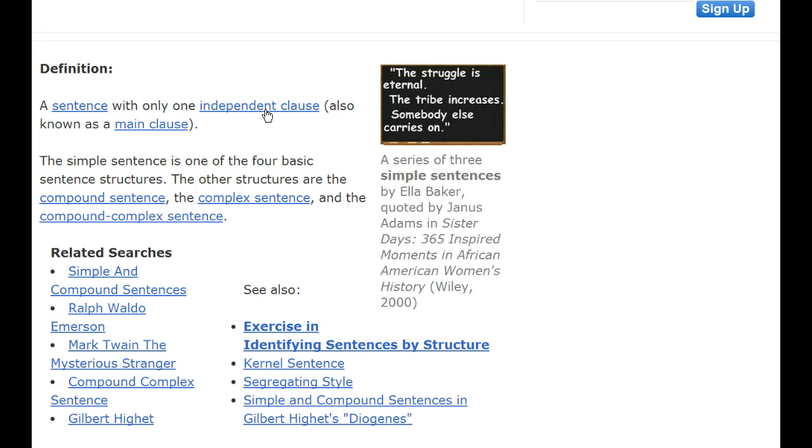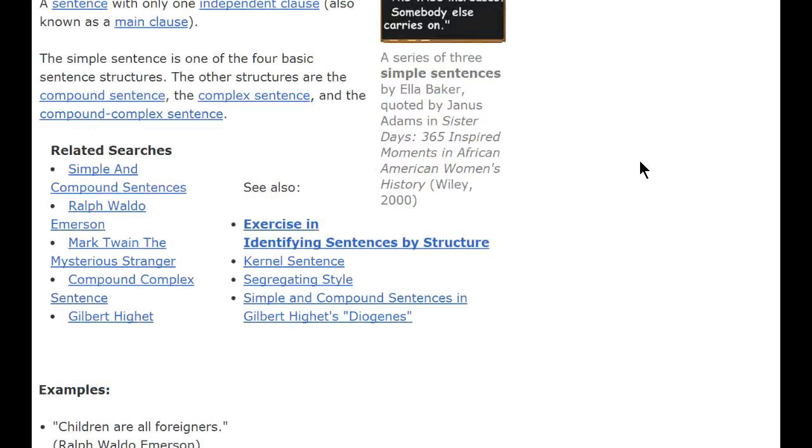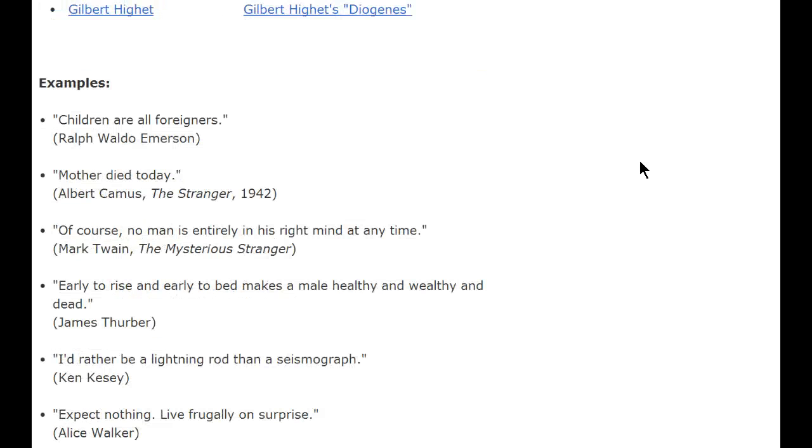They are independent clauses and are often called main clauses. They are main because we have a sentence that is complete and makes sense, and we want to put those two together. Let's take a look at some simple samples.